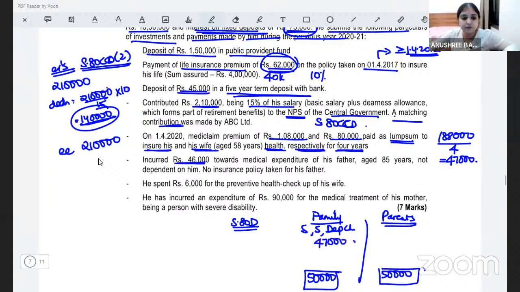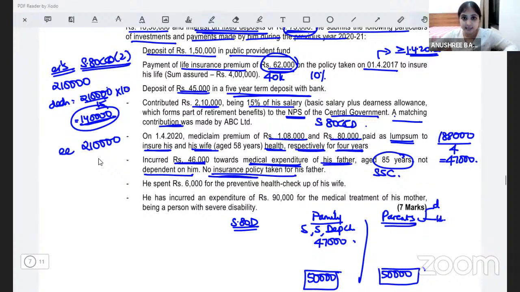Then he incurred 46,000 towards medical expenses of his father, 85 years. 85 years means what? Super senior citizen, not dependent on him. Doesn't matter. Under 80D, parents, they may be dependent, they may be independent, doesn't matter. If a person is a super senior citizen, he will not get a medical insurance policy.